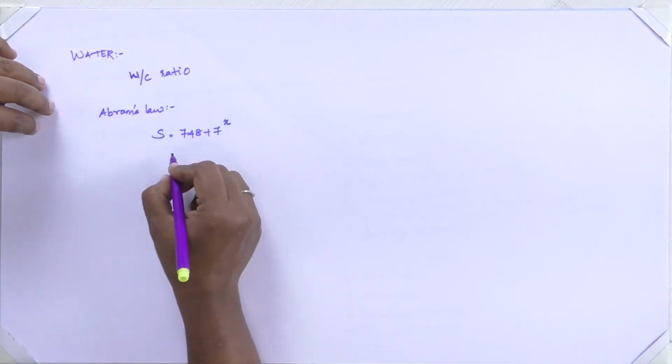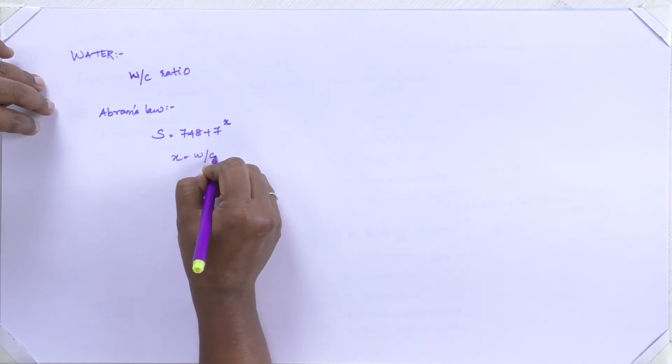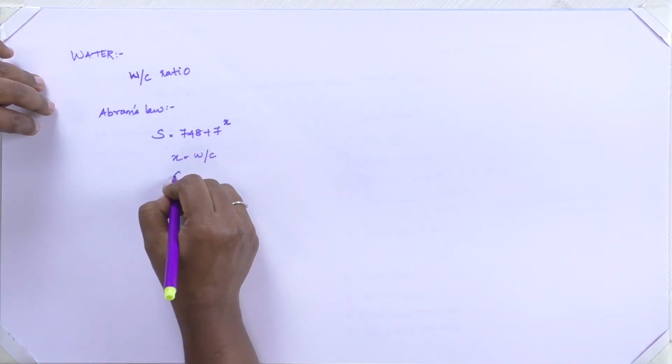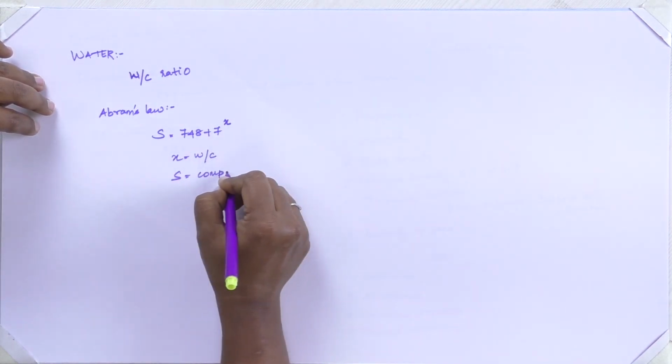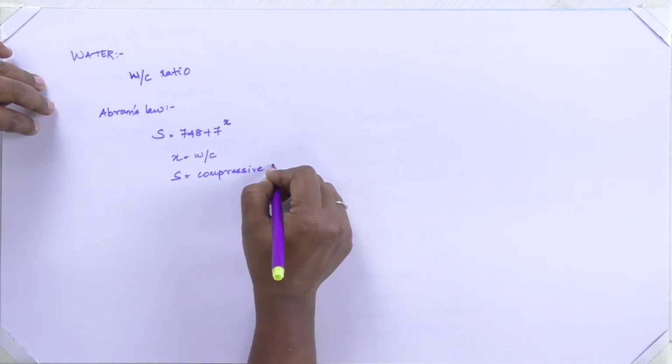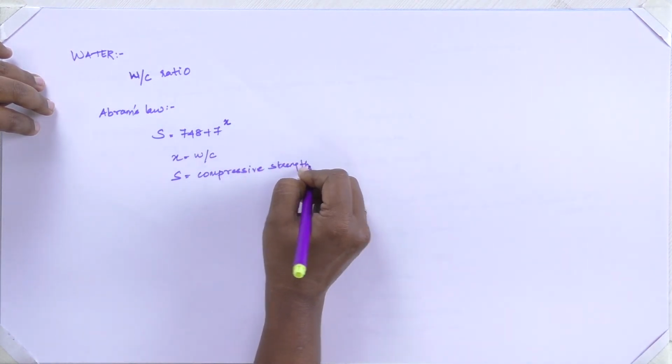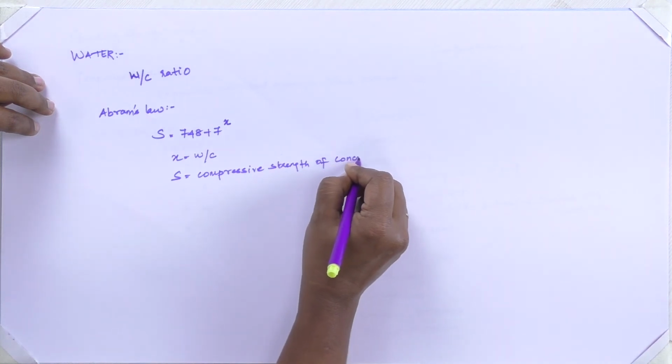Abraham's law states that S equals 748 divided by 7 to the power x, where x equals the water-cement ratio and S equals the compressive strength of concrete.